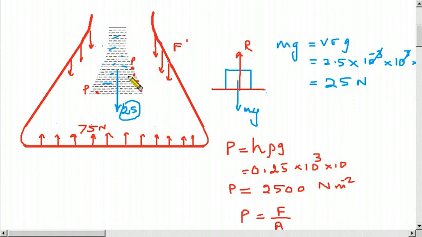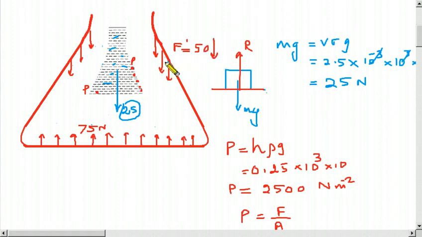So glass gives 75 upwards and there are 25 downwards. So to balance this, the inclined part of the glass must give, to cancel 50 from the 75, 50. This F dash should be in red color, this F dash should be 50 Newton downwards.